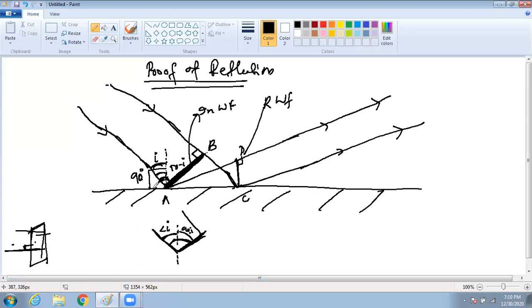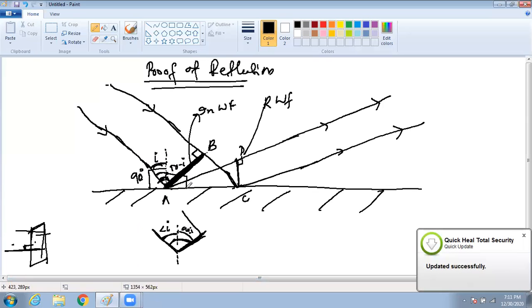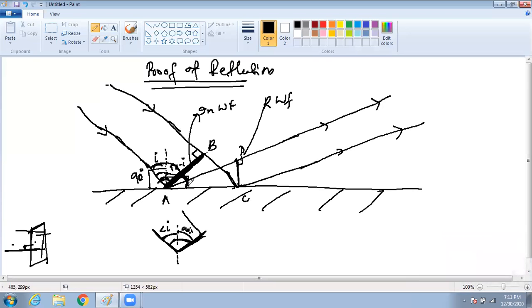Okay. Now, similarly, the angle between the normal and the reflecting surface is how much? 90 degrees. This angle is 90 minus I. So what should this angle then be? I, or not?